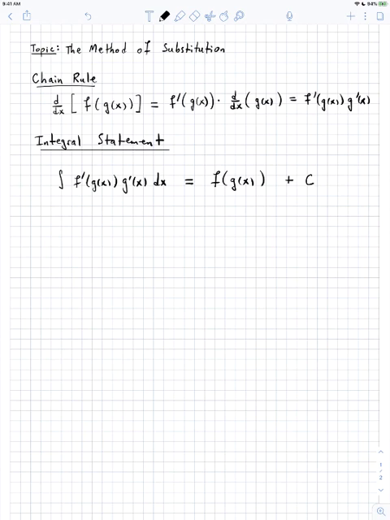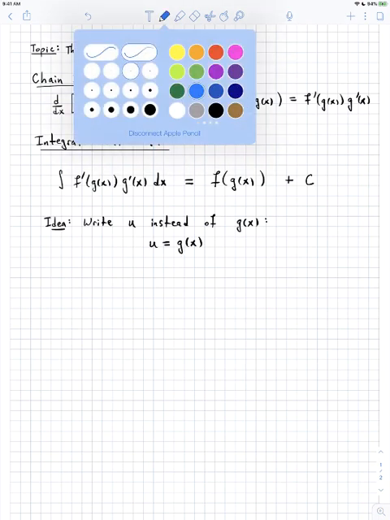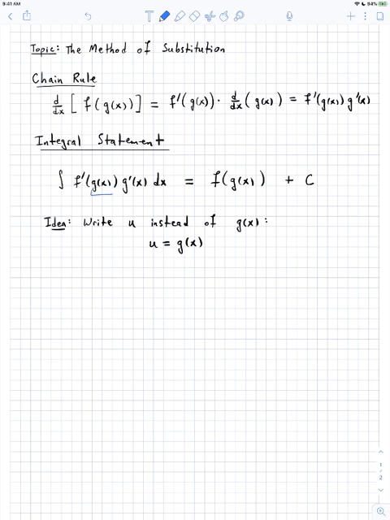So the idea is to write u instead of g of x. That is, we're going to write u equals g of x. If we do that, then here we have f prime of u, and here we have f evaluated at u.